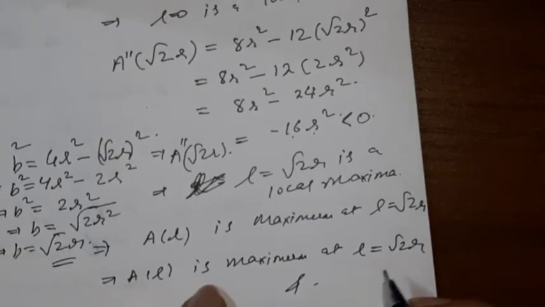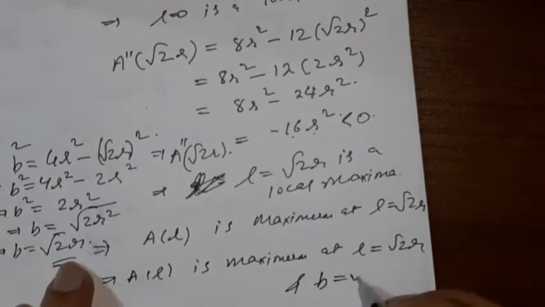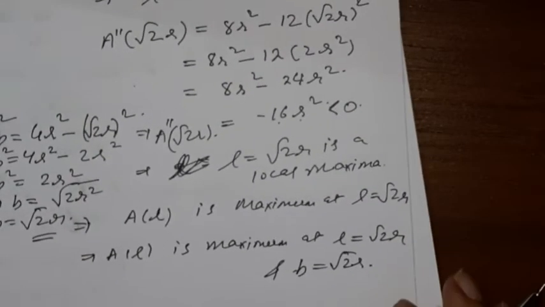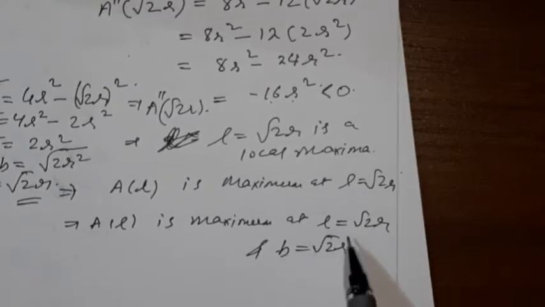So what you got: A is maximum at L equal to root 2 r and breadth equal to root 2 r. So the rectangle at which the area is maximum has length root 2 r and breadth root 2 r, the same length and breadth.